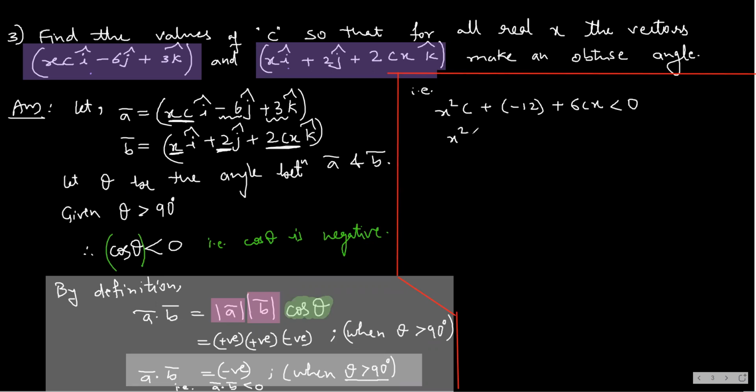Instead of writing x square c, let me write cx square. So cx square plus 6cx minus 12 is less than 0.